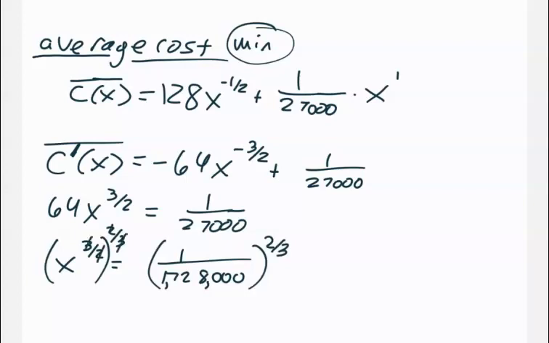The 2 over 2 cancels, 3 over 3 cancels, so you end up with x to the first, which was our whole goal anyway. So x equals 1 over 1,728,000 to the 2/3 power.